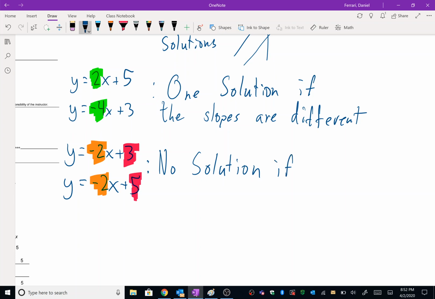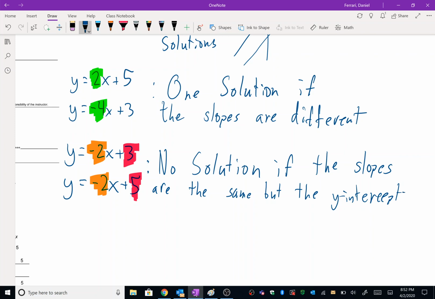So we have no solution if the slopes are the same, but the b value or the y-intercepts are different.